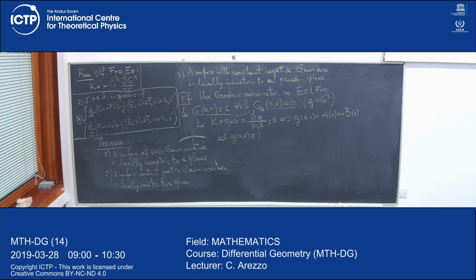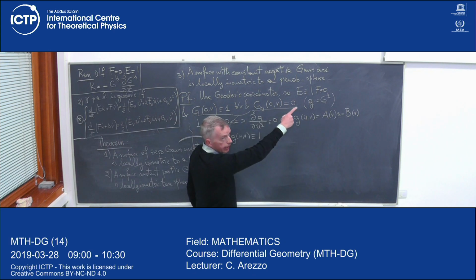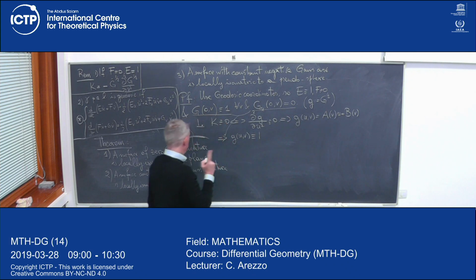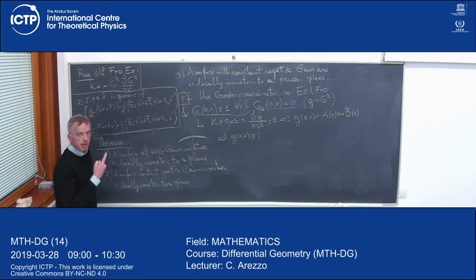Well, then we are done. It's game over, because E is equal to 1, F is equal to 0, and G is equal to 1, which implies what? Not that it is a plane, it could be a cylinder, it could be a ruled surface, it could be anything.